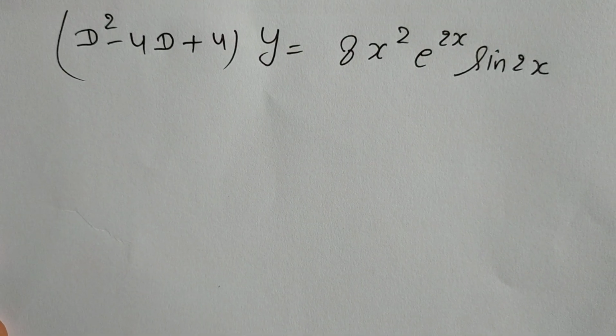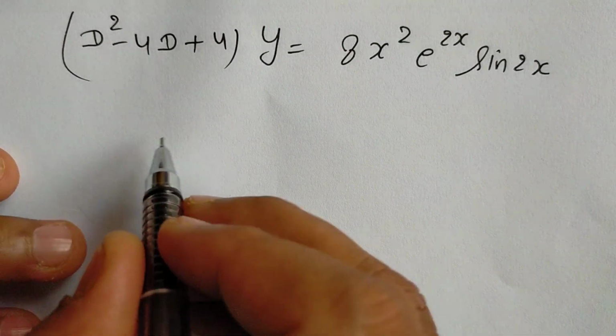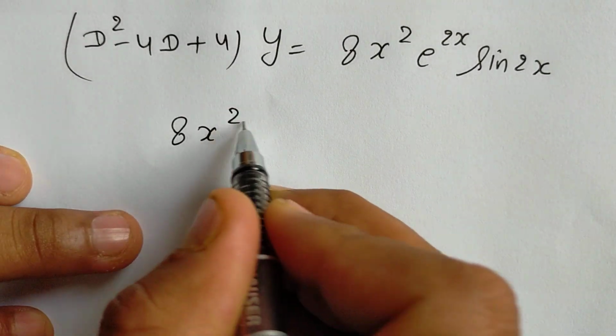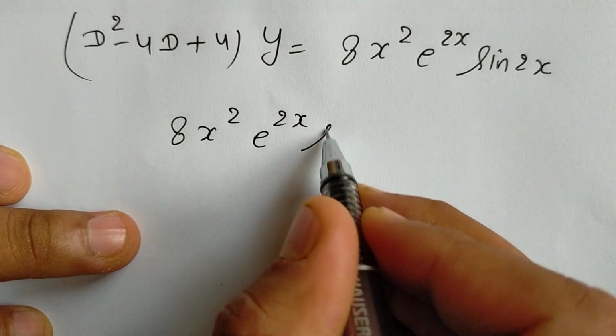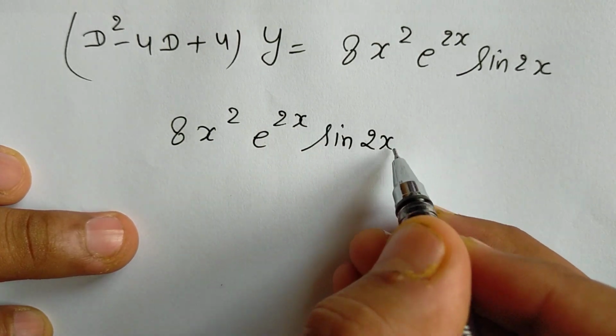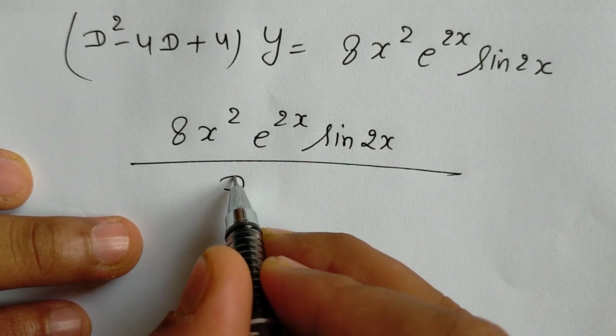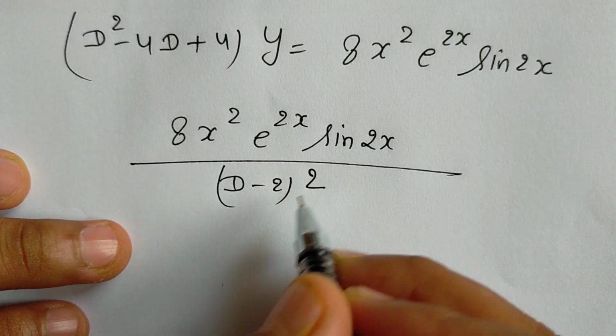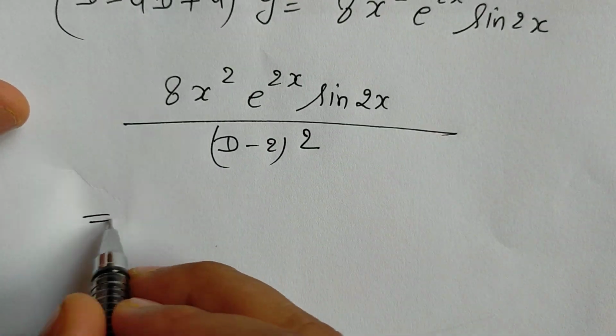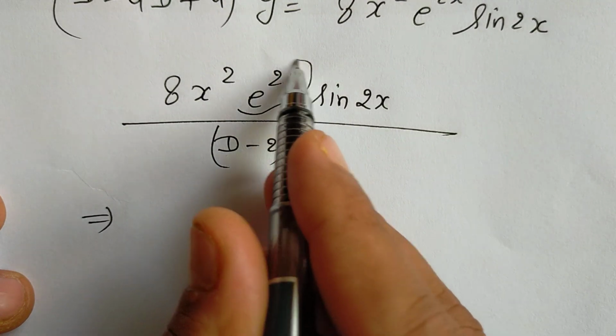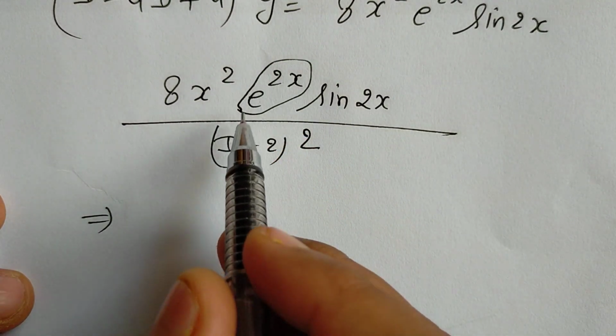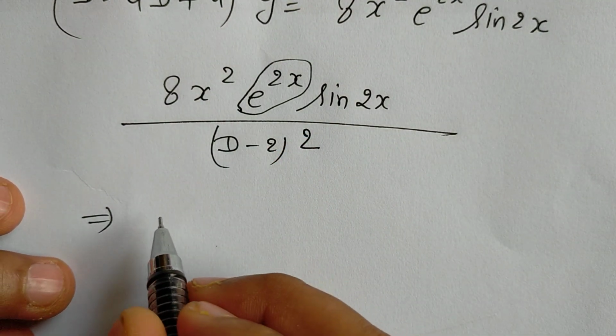Let us see how to solve this problem. The particular integral will be 8x square e power 2x sin 2x by D minus 2 whole square. The exponential term we can take out by replacing D by D plus 2.